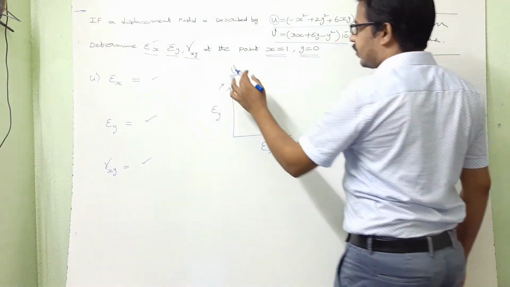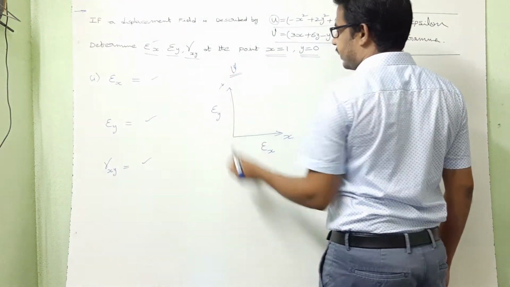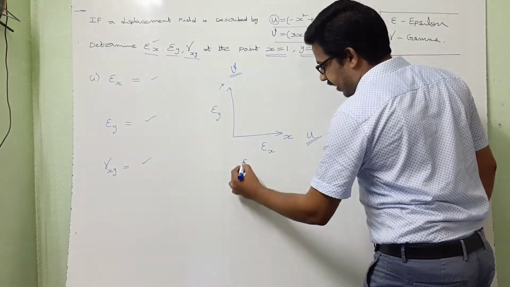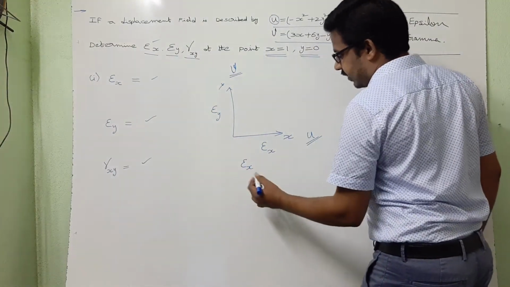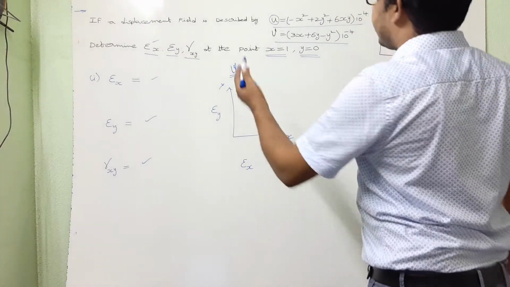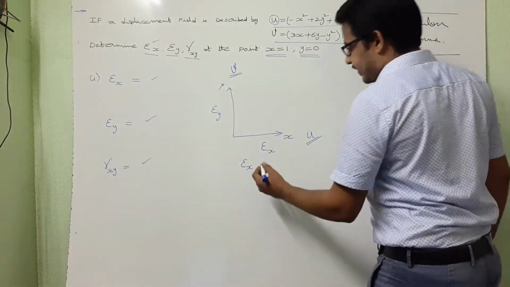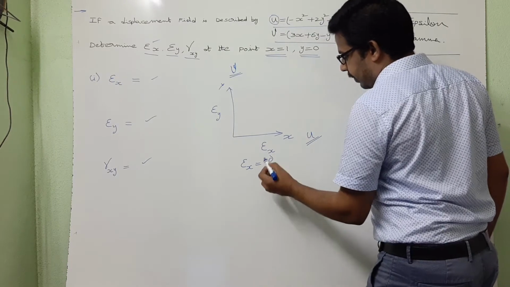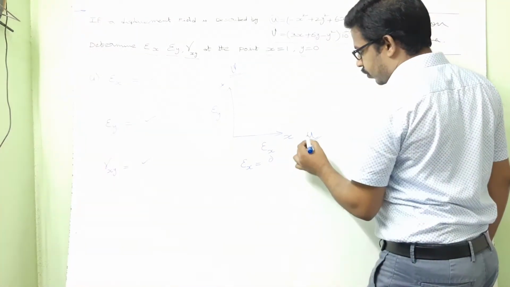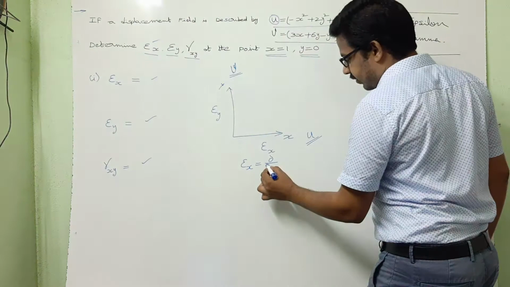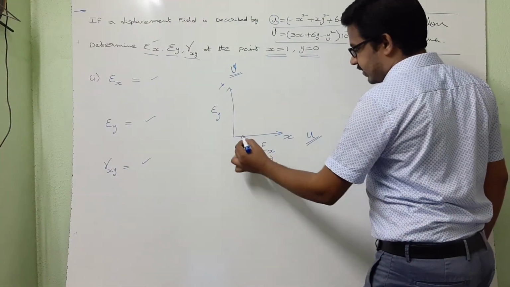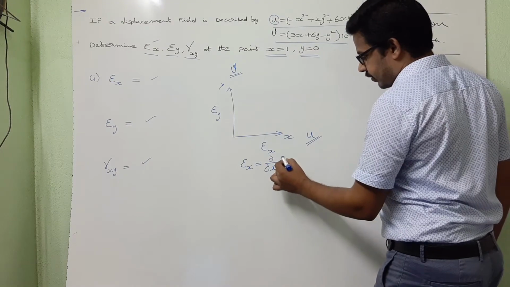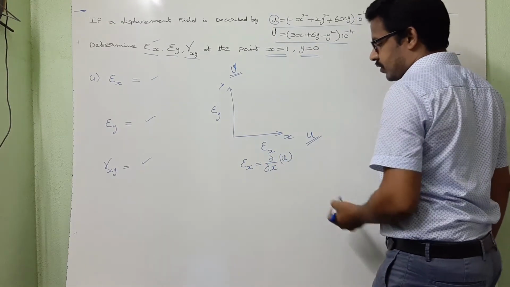So horizontal u, vertical v. So in this diagram we need to calculate epsilon x is equal to partial derivative dou by dou x. This is along the x direction with respect to u.